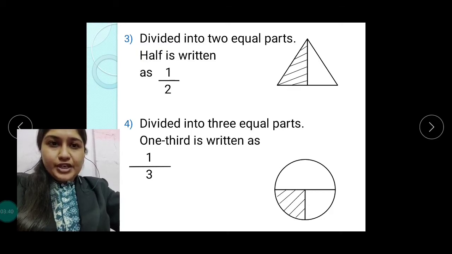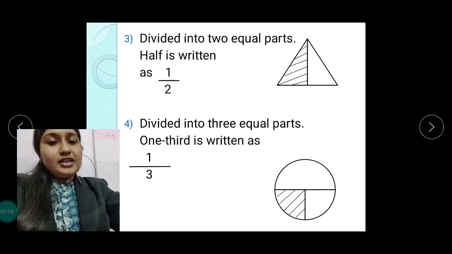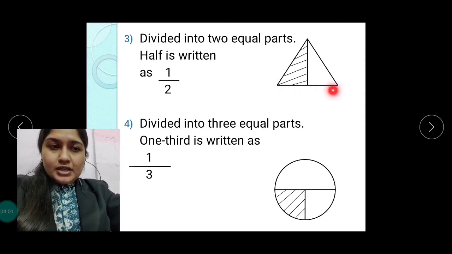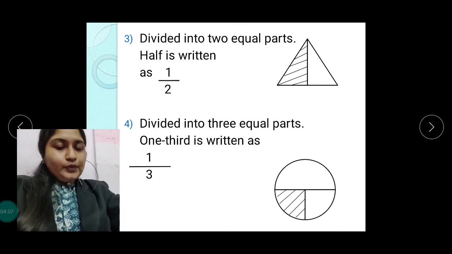Part 1 जो है वो shade हो गया है, right? So, this is divided into two equal parts, but in fraction it is written as 1 upon 2, or you can say half or 1 by 2. So, this triangle is divided into two equal parts and one part is shaded, so in fraction it is written as 1 upon 2.